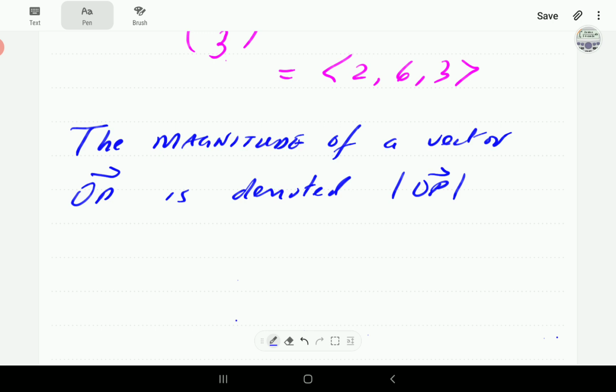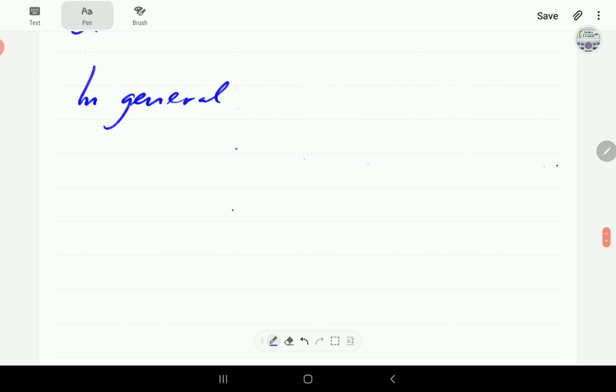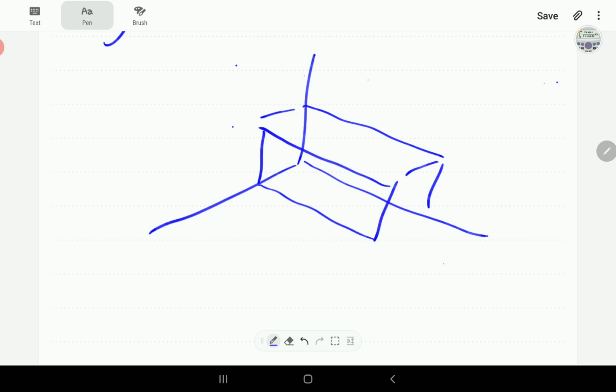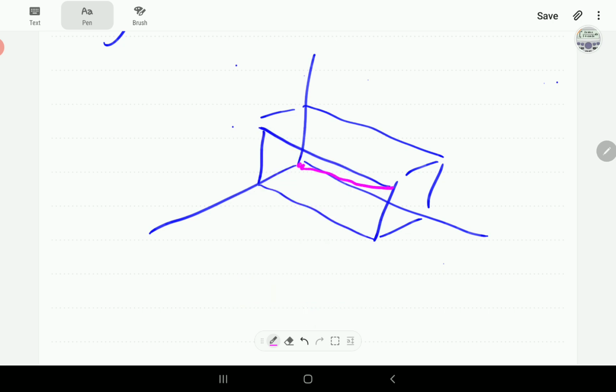Let's introduce a general notation. In general, if we have got a vector, suppose we call the x component of our vector, let's imagine we called it OP the other time, so let's imagine this is vector A. Let's imagine that the x component we call A1, the y component we call A2, and the z component we call A3.